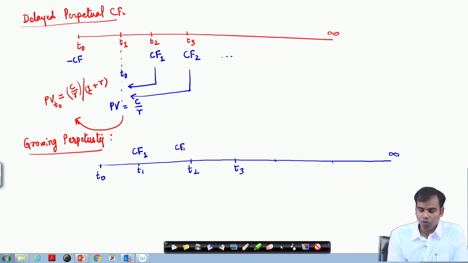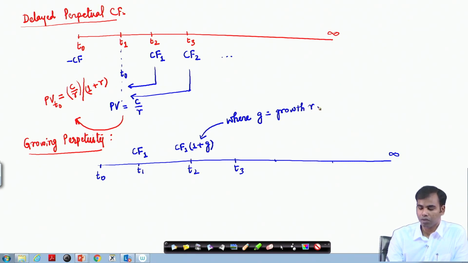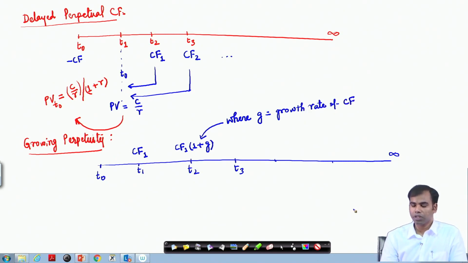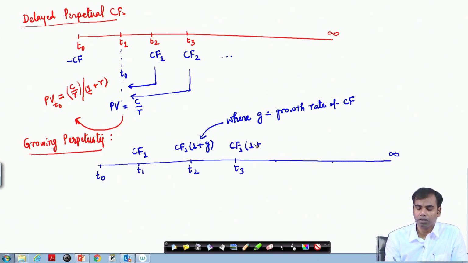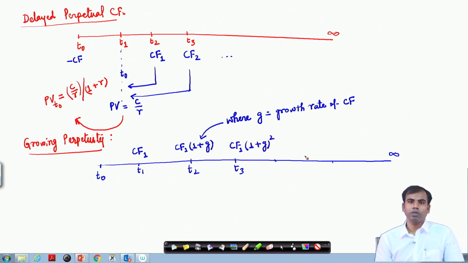In year 2 you do not have only CF1, you have CF1 growing at, let us say, growth rate G, where G is the growth rate of cash flow, which means if you have invested some amount of money in some investment, in the first year it will generate a cash flow of CF1, in the second year it will generate a cash flow of CF1 with a growth rate of G, which is CF1 into 1 plus G, and in year 3 it will generate CF1 into 1 plus G to the power 2 and so on. So, it will keep on growing.